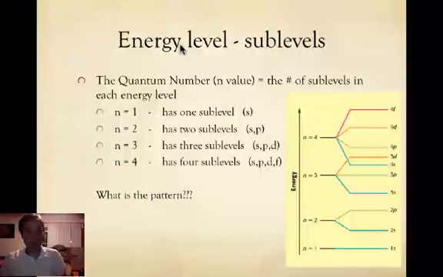Now it turns out that each energy level actually contains sublevels, meaning there are different areas where the electrons can hang out in each energy level. So the quantum number, or basically that n value, the number that we associated with the energy level, tells you the number of sublevels in that energy level.